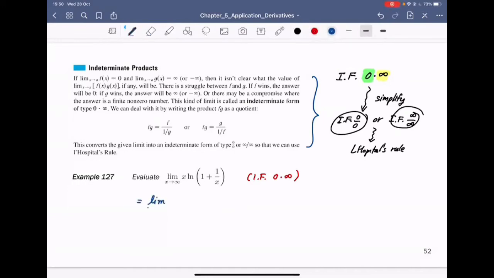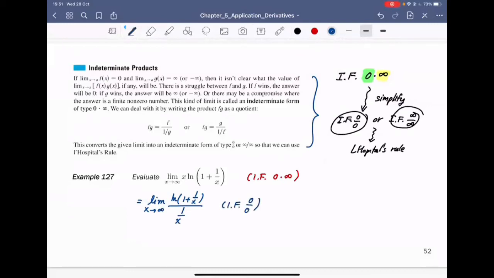What I'm going to do is simplify it to 0 over 0 or infinity over infinity. You can see that if you move x down to 1 over x, now you come back to indeterminate form 0 over 0.